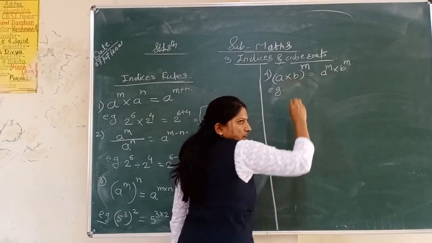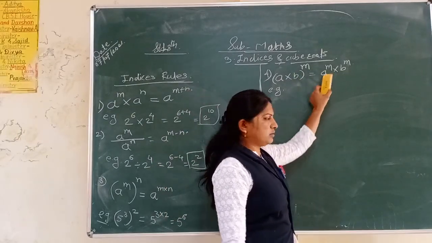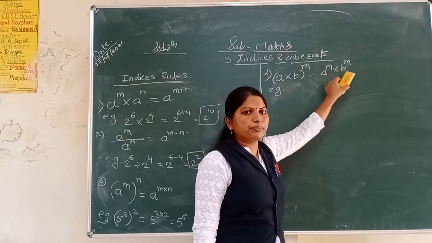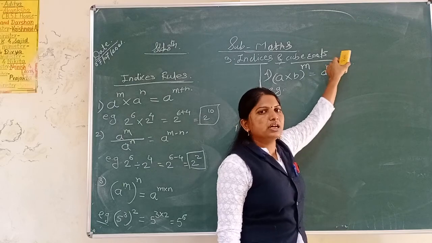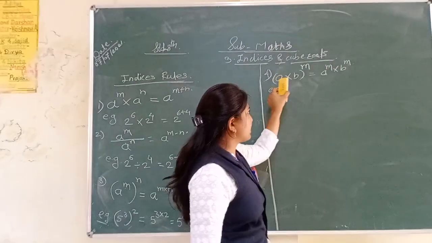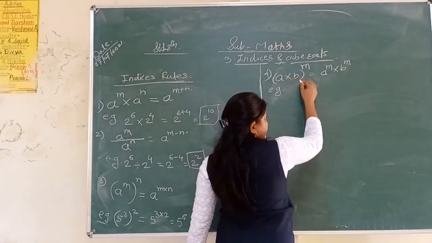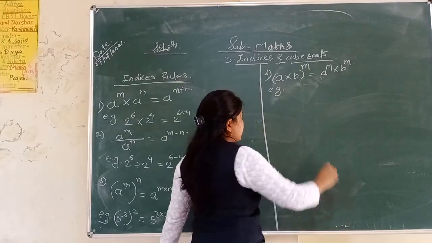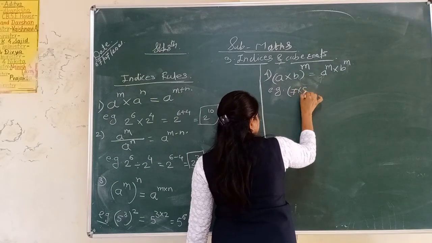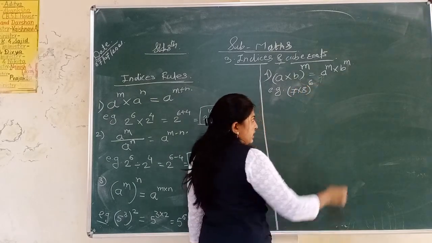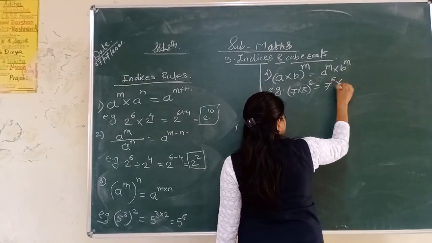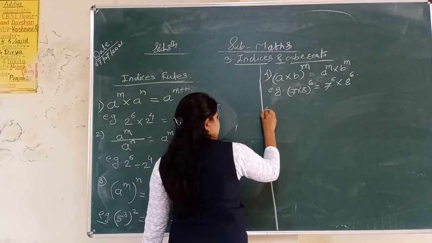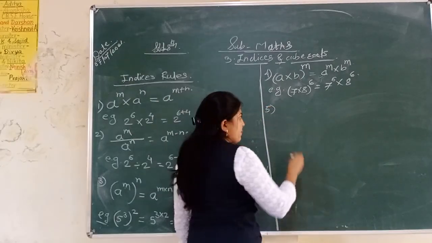This is vice versa also: if bases are different but indices are the same, then you can write it in this way also. You can go this way or this way. See here, 7 into 8 raised to 6 equals 7 raised to 6, 8 raised to 6. Similarly, this is applicable for division.